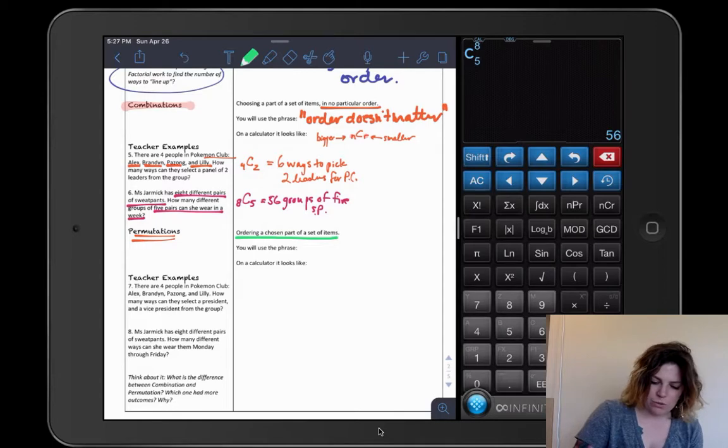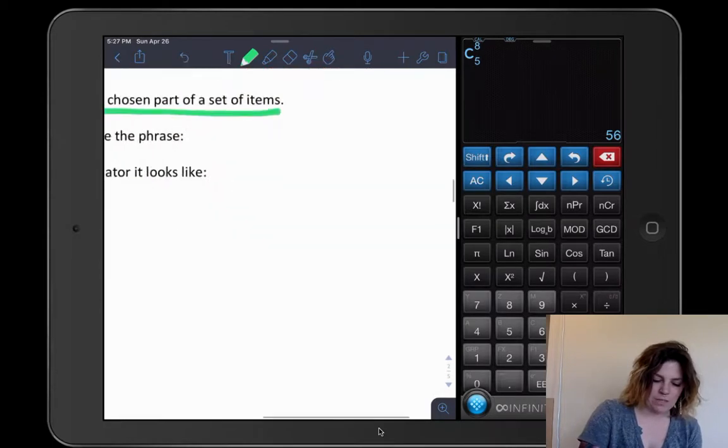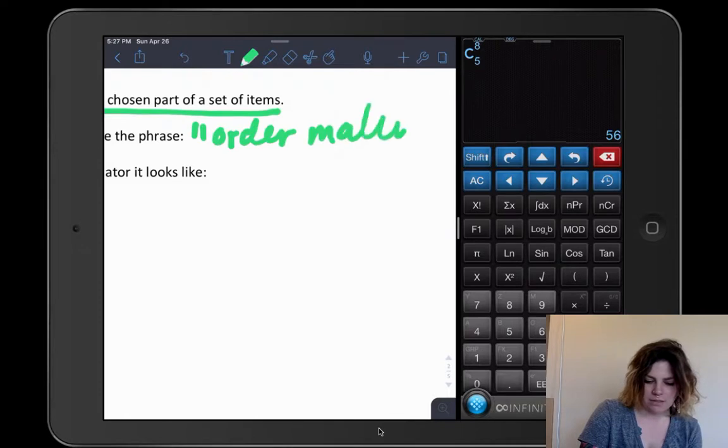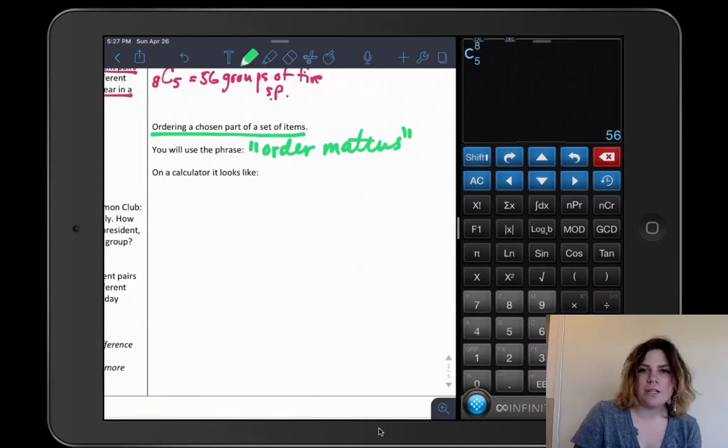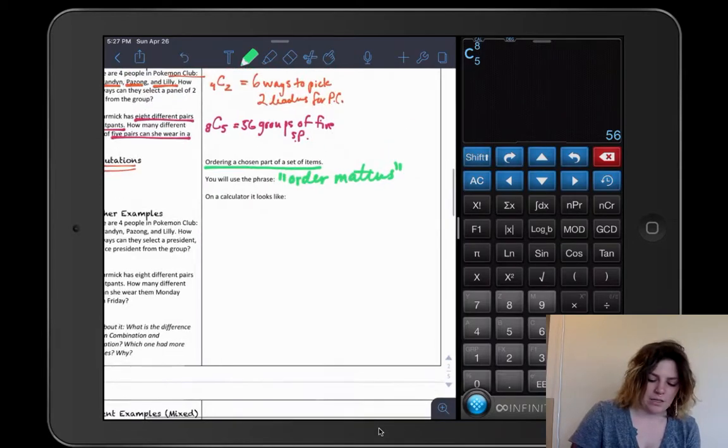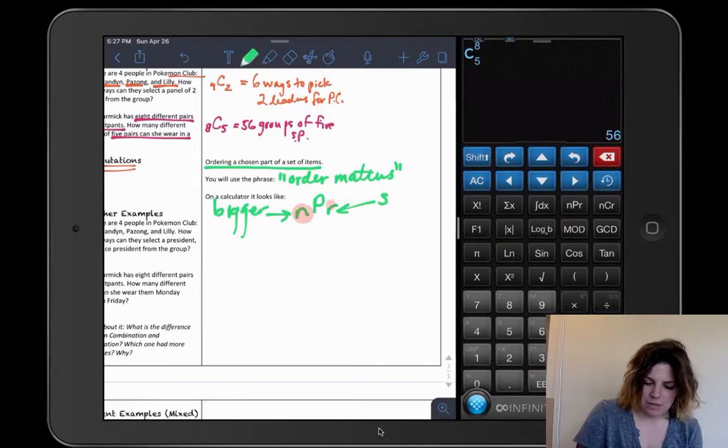So you will use the phrase, you guessed it, order matters. And on a calculator, it looks like NPR. Again, the N is the bigger group, and the R is the smaller group.